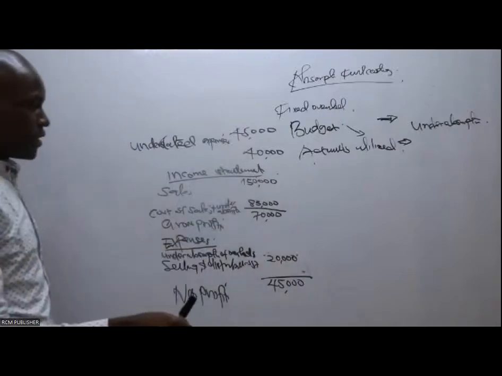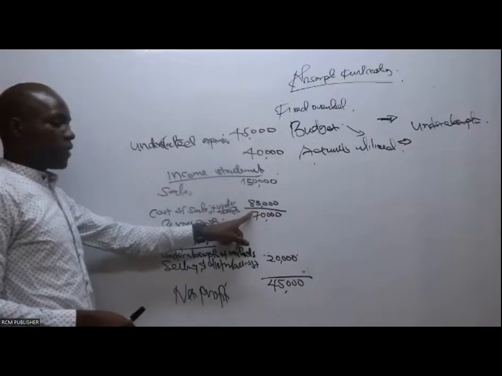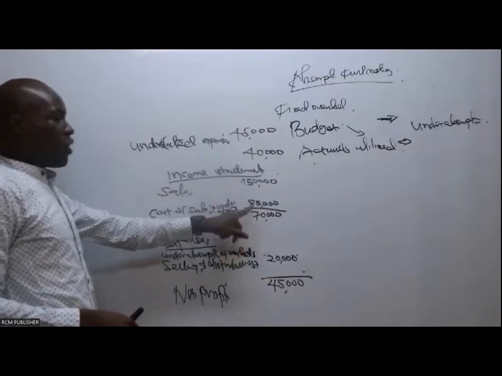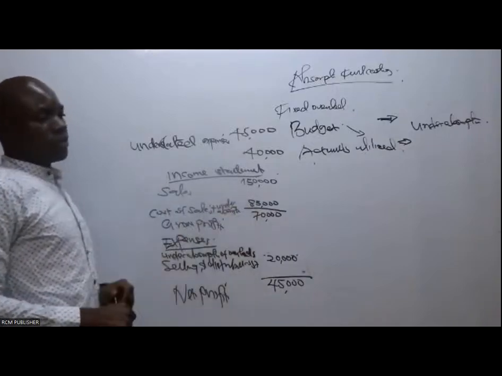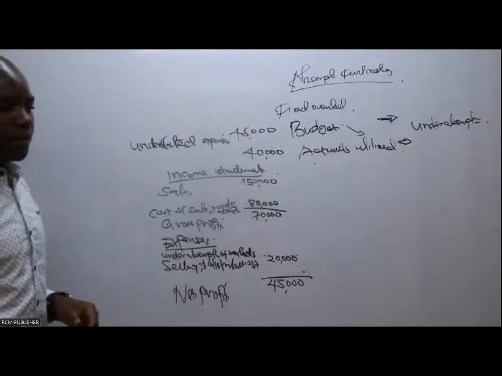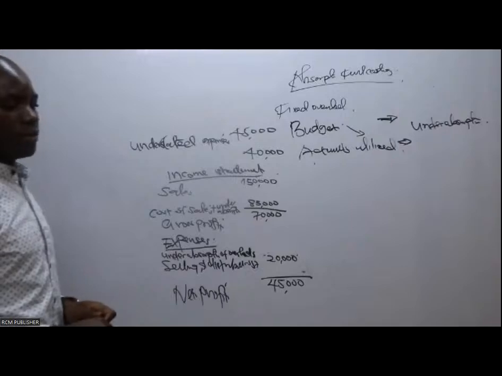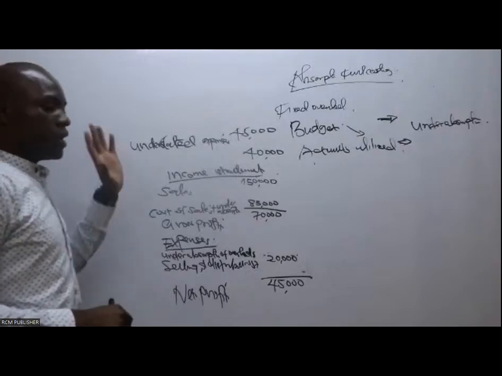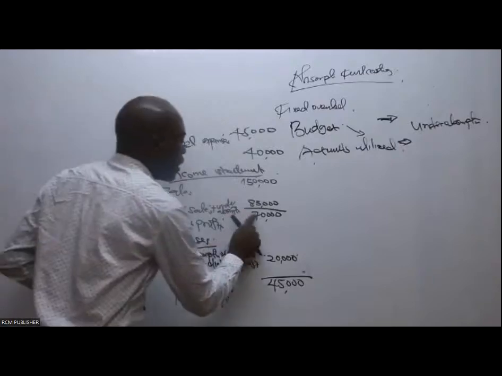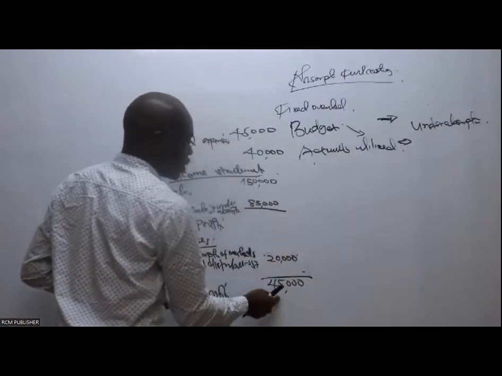My cost of sales is now 85,000. Now 150 minus 85,000, what will be the figure there? I'm having 65,000. I want us to watch down here.